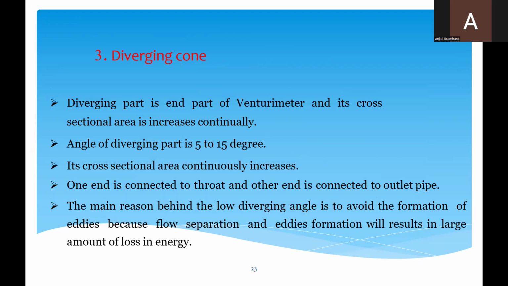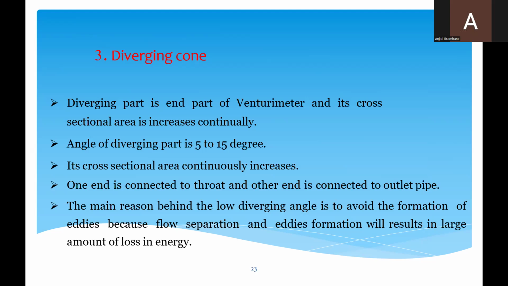The third, diverging cone. The diverging part is the end part of the venturimeter and its cross-sectional area increases continually. The angle of diverging part is 5 to 15 degree.